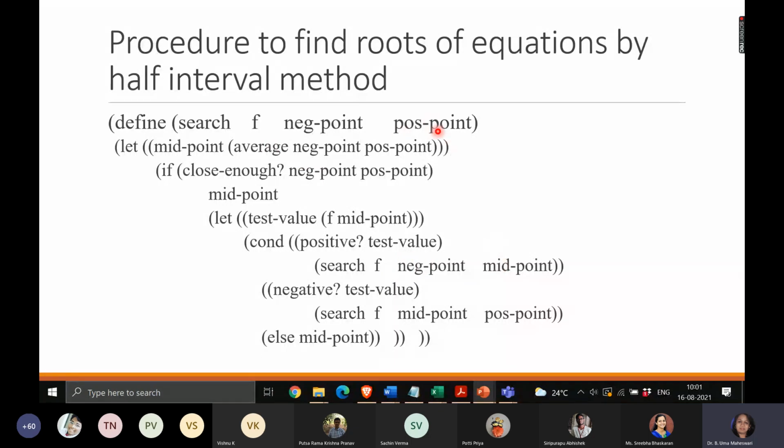So now this upper limit will be the midpoint. If it is positive, you have to search in the lower half. If it is negative, then you have to search in the upper part, where the lower limit is the midpoint. Else you are returning the midpoint.